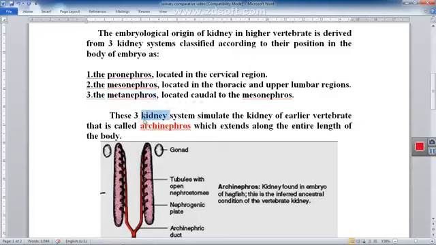So you can imagine that these three systems forming the kidney of the embryo simulate the structure of the kidney of the earlier vertebrates, which is called archinephros.